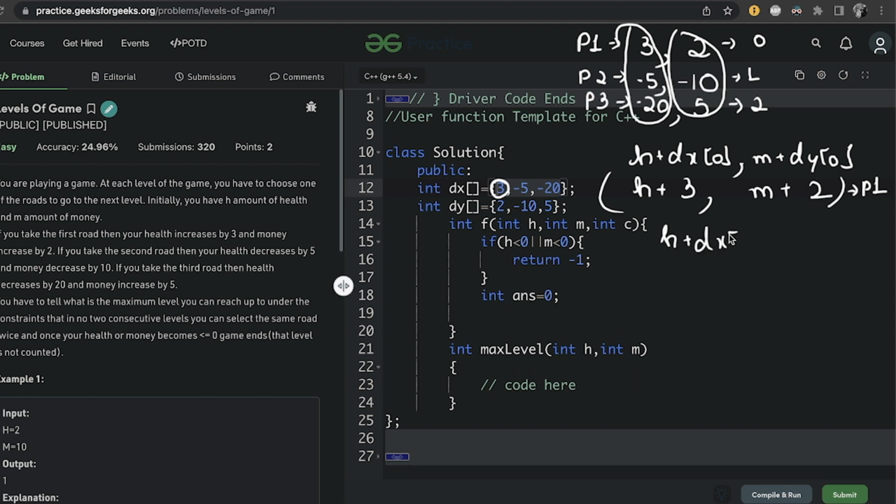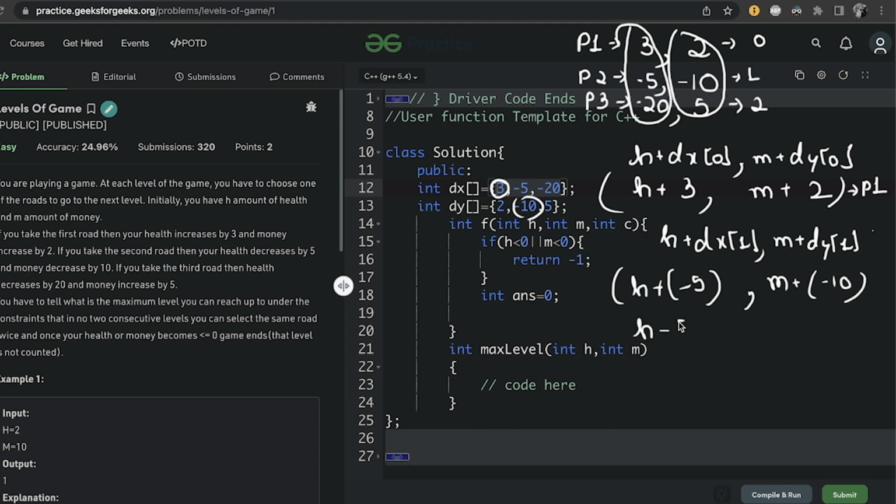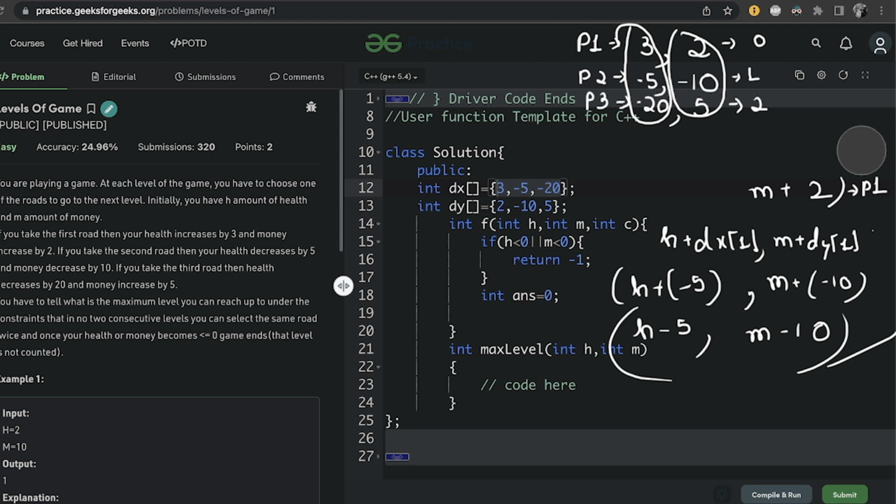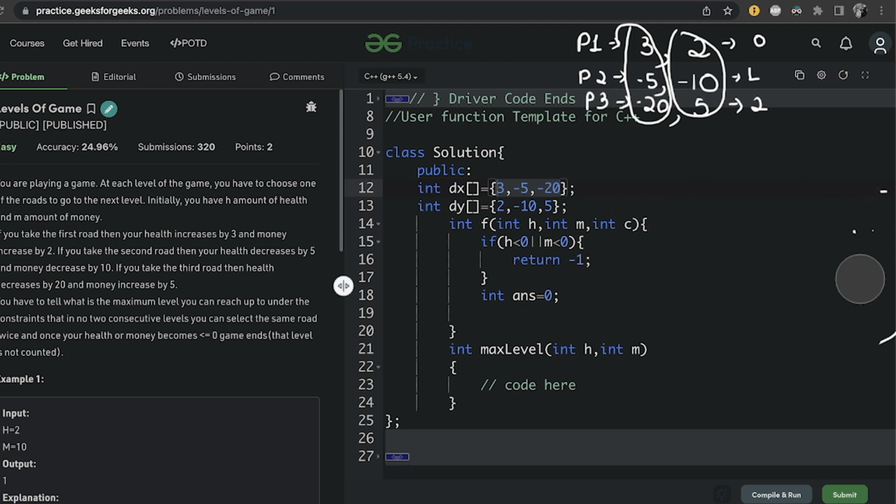So if we want to have the second path, we would simply add dx of 1 and then m plus dy of 1, which would help us to have h plus -5, and then this one would be m plus -10. This would be h minus 5 and m minus 10, which is the value that we want if we take the second value. This is how this dx and dy is going to work, and we would implement this.